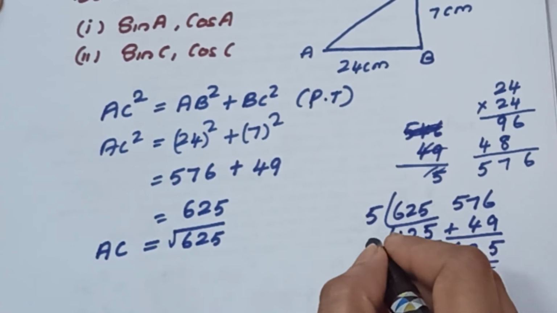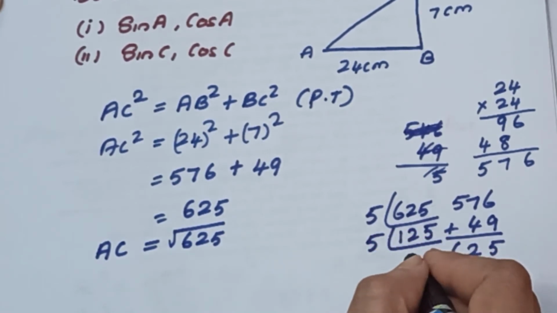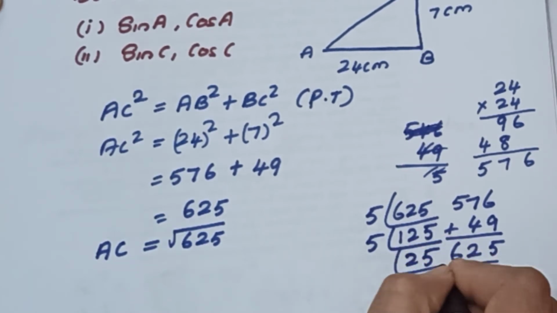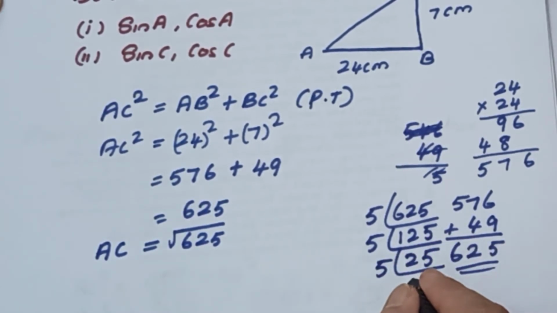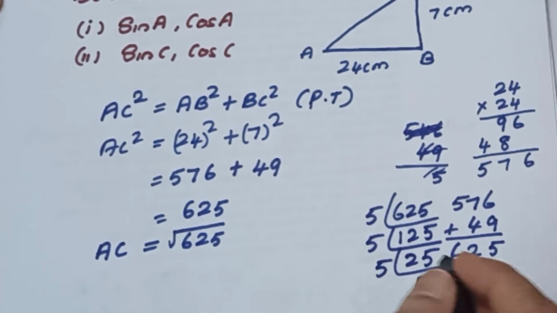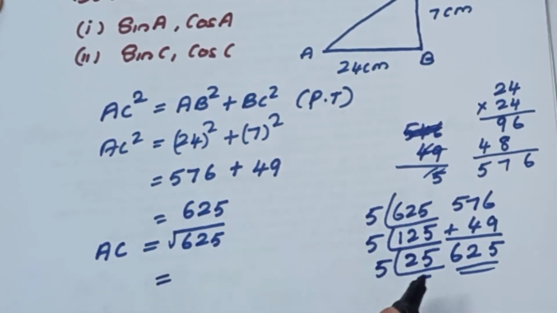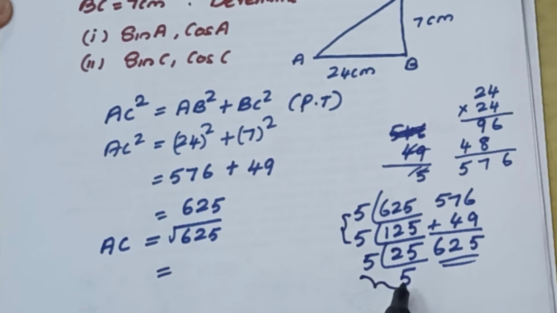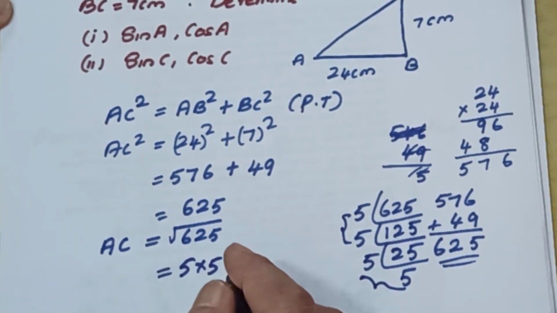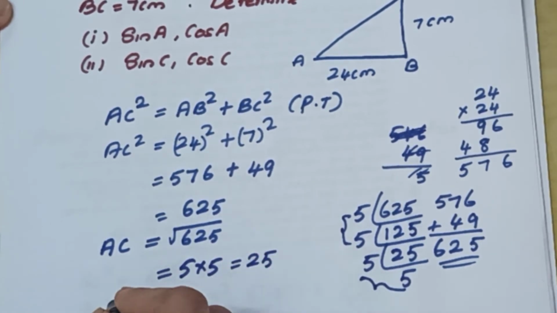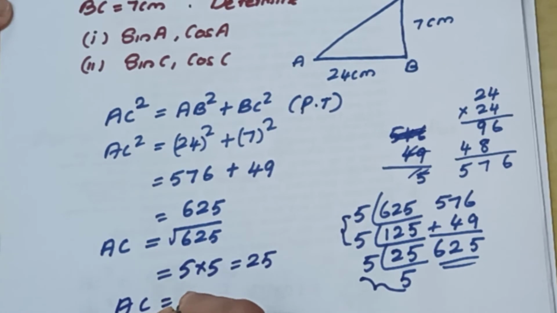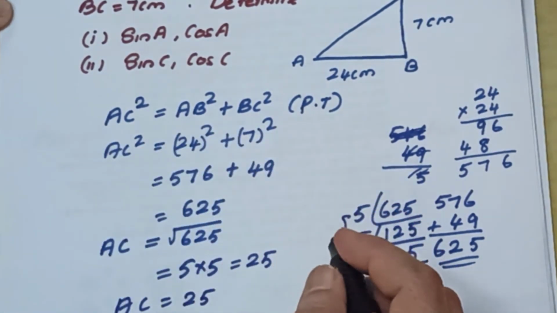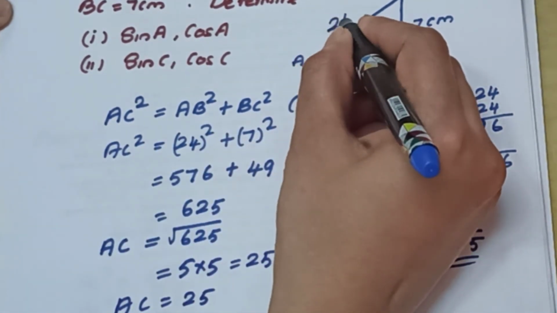Now if you are taking again 5 outside, 2 5s are 10, 25, 5. Again, 5 5s are 25. So the square root of 625 is 5 into 5, 25. That means AC is equal to 25.